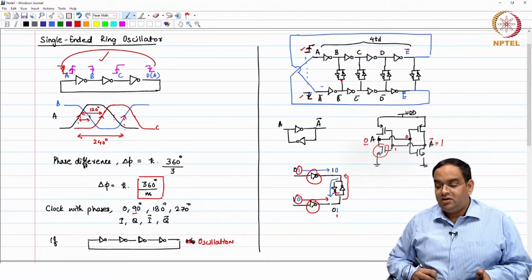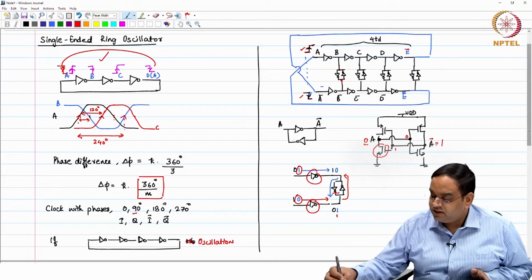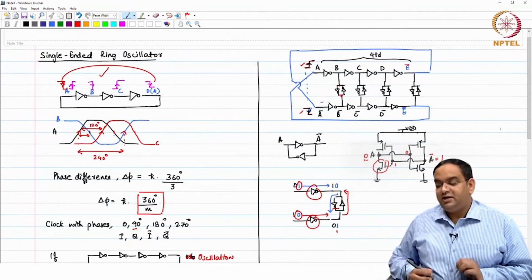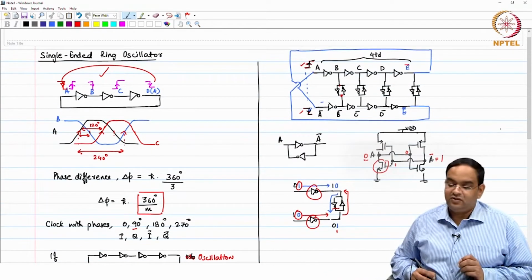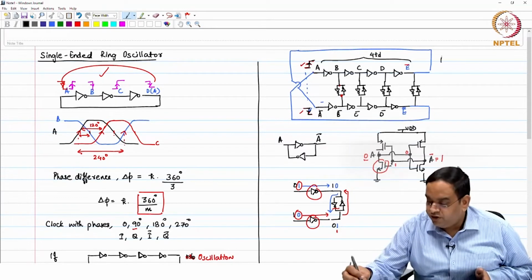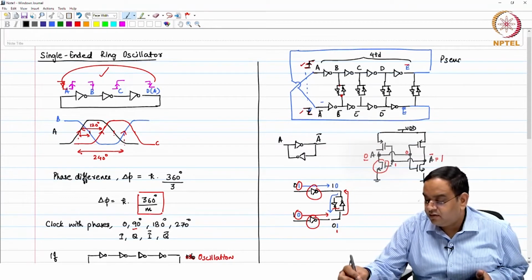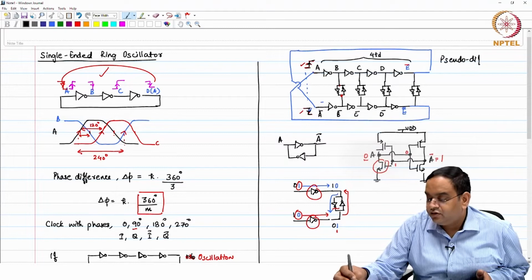Such an oscillator is called a pseudo differential ring oscillator.